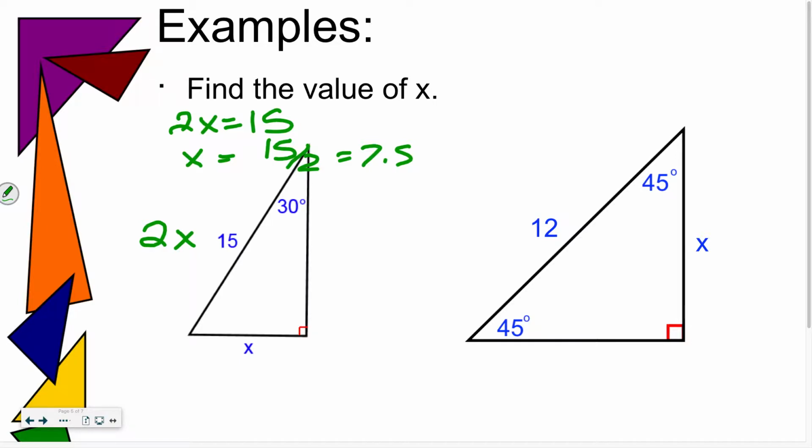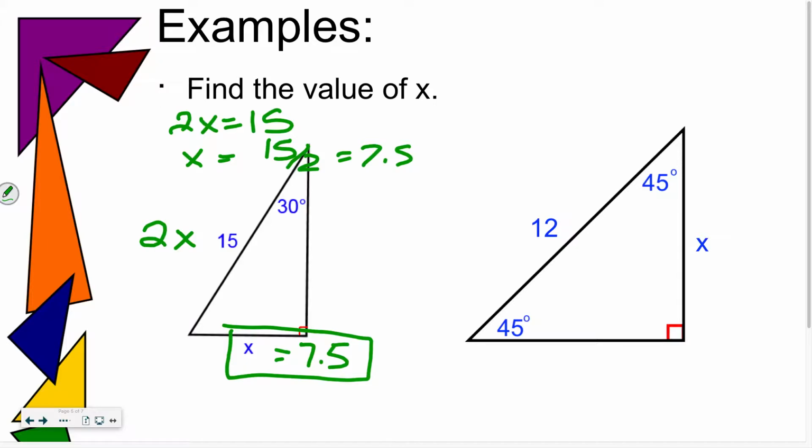And x would be the short side. So do you have what you want? Yeah. x equals 7.5. If I had wanted that longer leg, we'd have to take 7.5 times the square root of 3, or 15 halves times the square root of 3. Yeah, we got what we wanted.